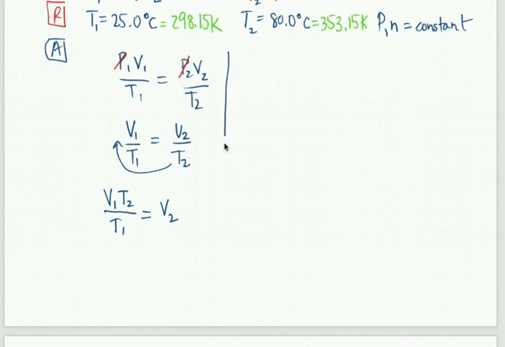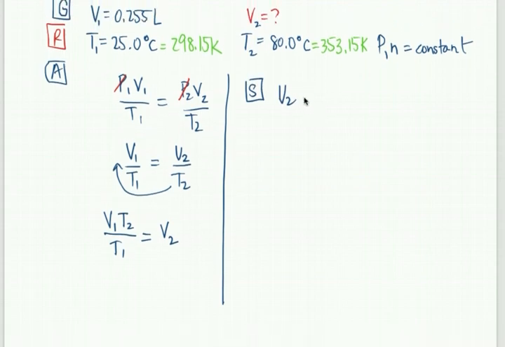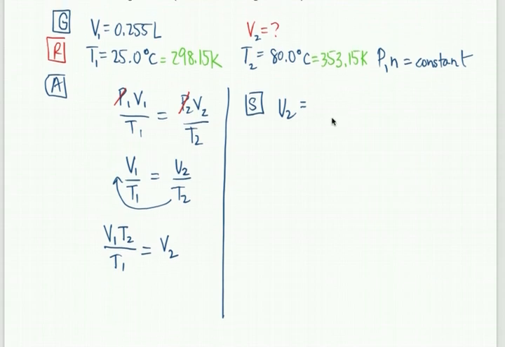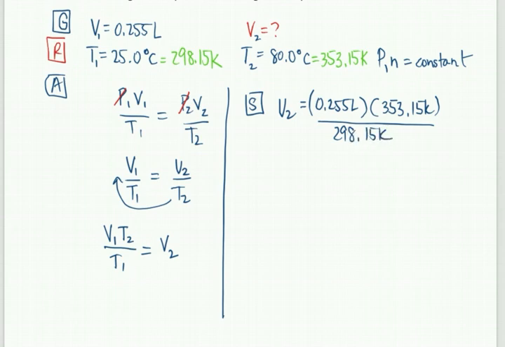Okay, I'm out of space here, so I'll write it over here. So here's the solve step. My V2 requires the initial volume, the final temperature in kelvins, and I have divided by the initial temperature. The nice thing is all the units that I don't need cancel out, and that leaves me with liters.